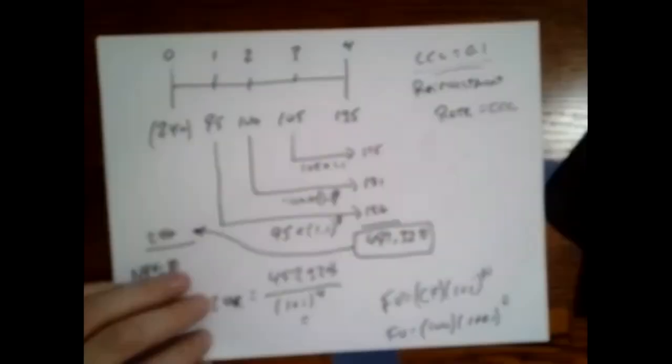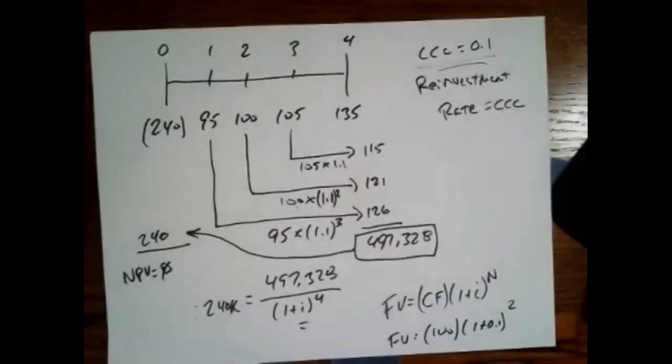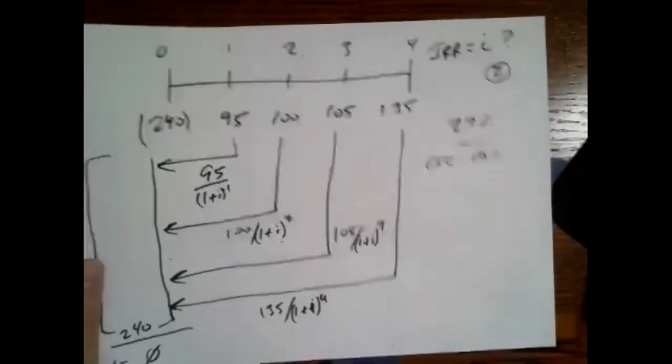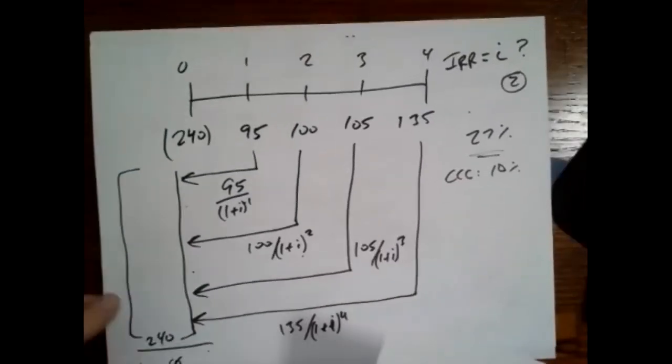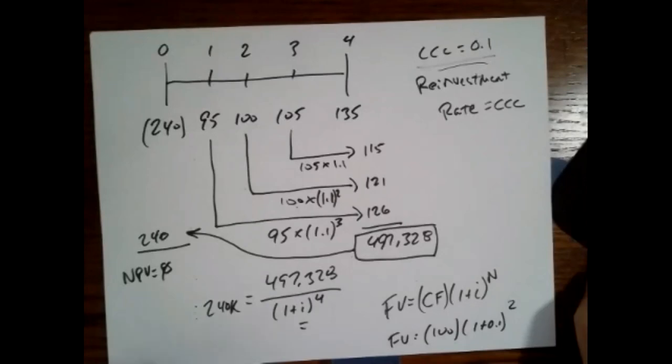Okay, so we have 3 tools now that we can use to calculate profitability, right? We have the MIRR that we just did. MIRR requires an extra step.